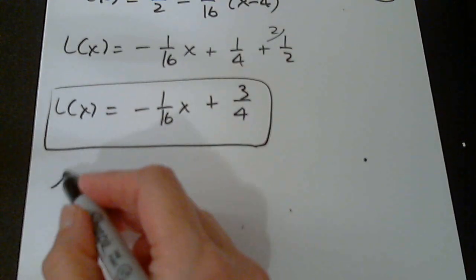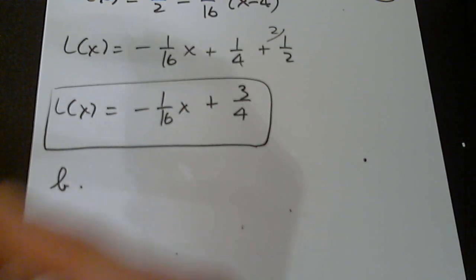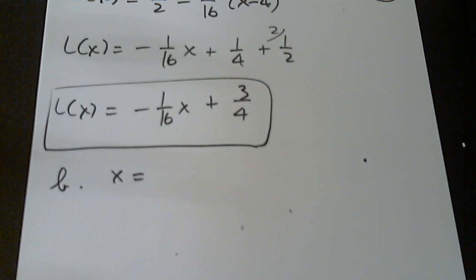Now part B. Let's see what they want. Any questions on part A? Okay. Part B. Use the linearization to approximate 1 over the square root of 3. How much is x in part B?